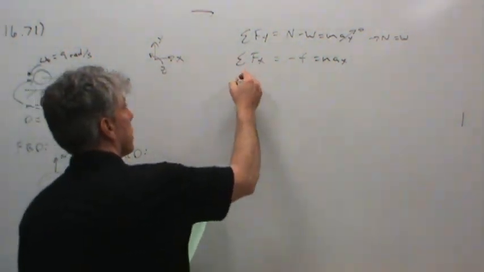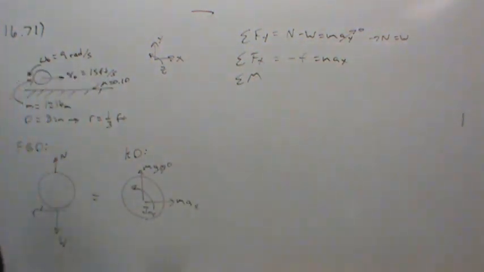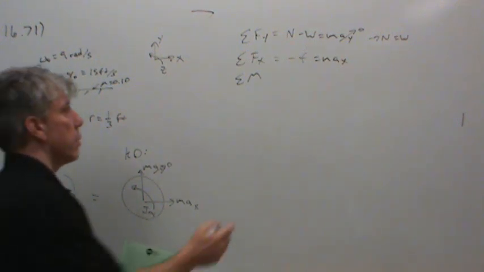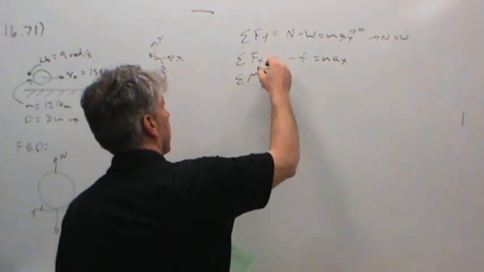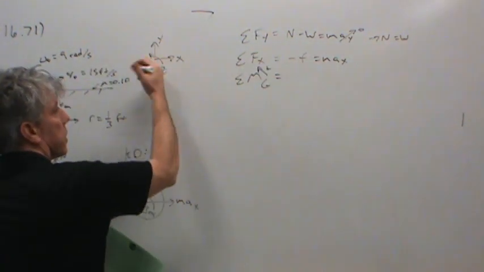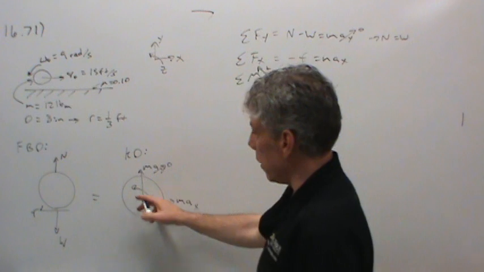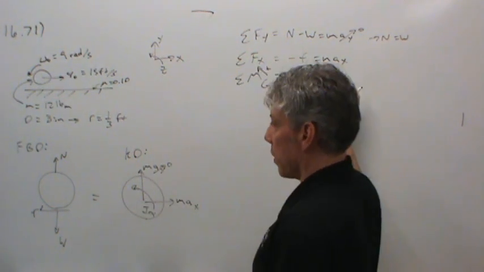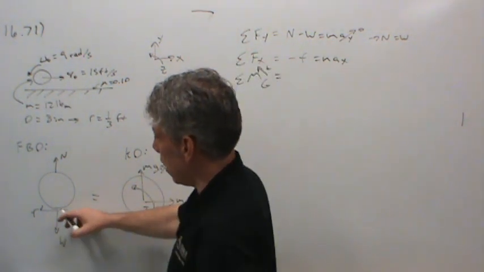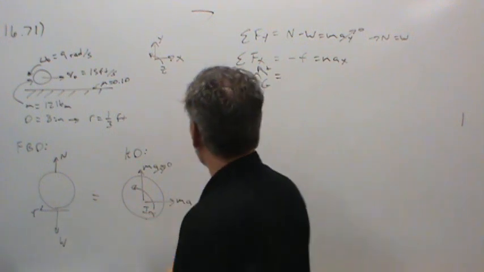The last equation is to sum moments. Now, we can sum moments about many different points. Probably the easiest is to sum moments about the center of gravity. So that's what I'm going to do. Summing moments about G, taking counterclockwise as positive, which makes sense because it has the positive z-axis. The moment of all the dynamic forces goes away, and we end up with I alpha. But what force does not pass through G? Only the friction force.